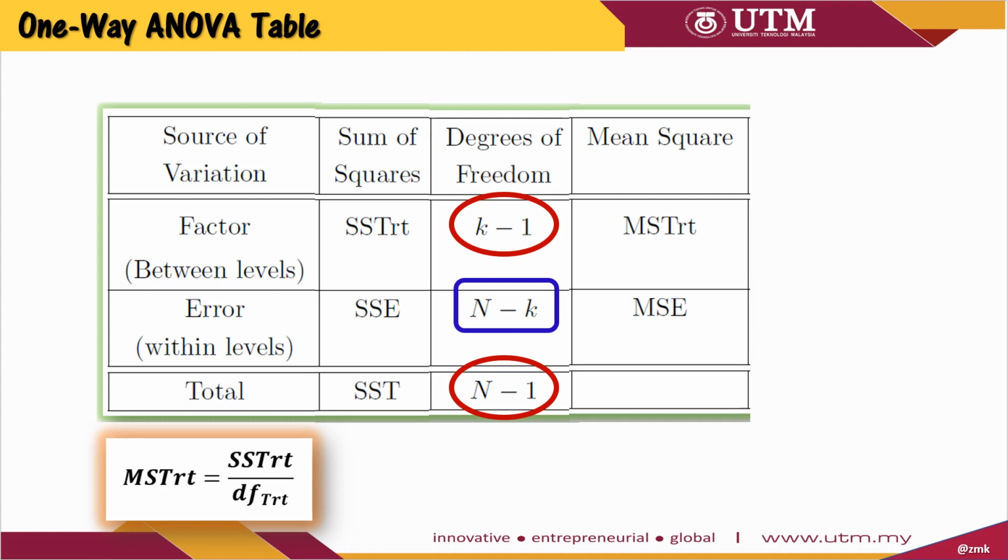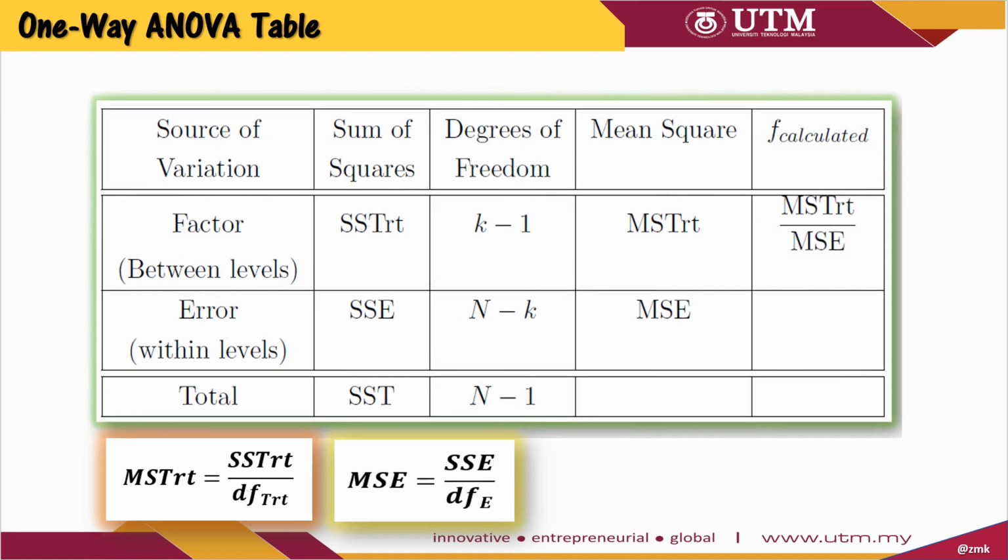Whereas the second mean square is the error mean square MSE, obtained by dividing the error sum of squares SSE by the error degrees of freedom N minus K. The ratio of mean square treatment and mean square error is the calculated F ratio or F test, which is the value of test statistic we are going to use in this one-way analysis of variance.